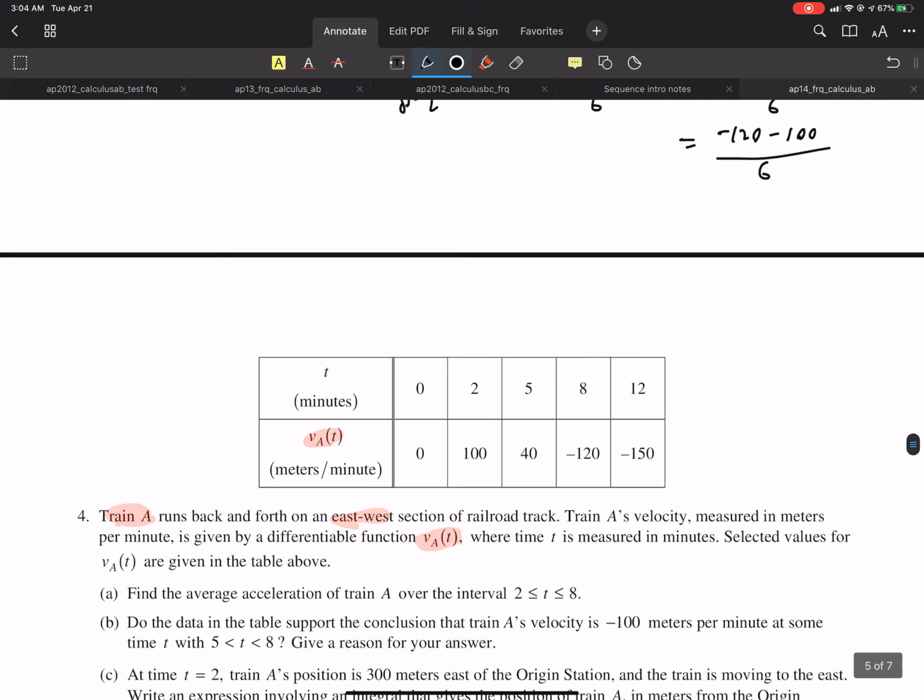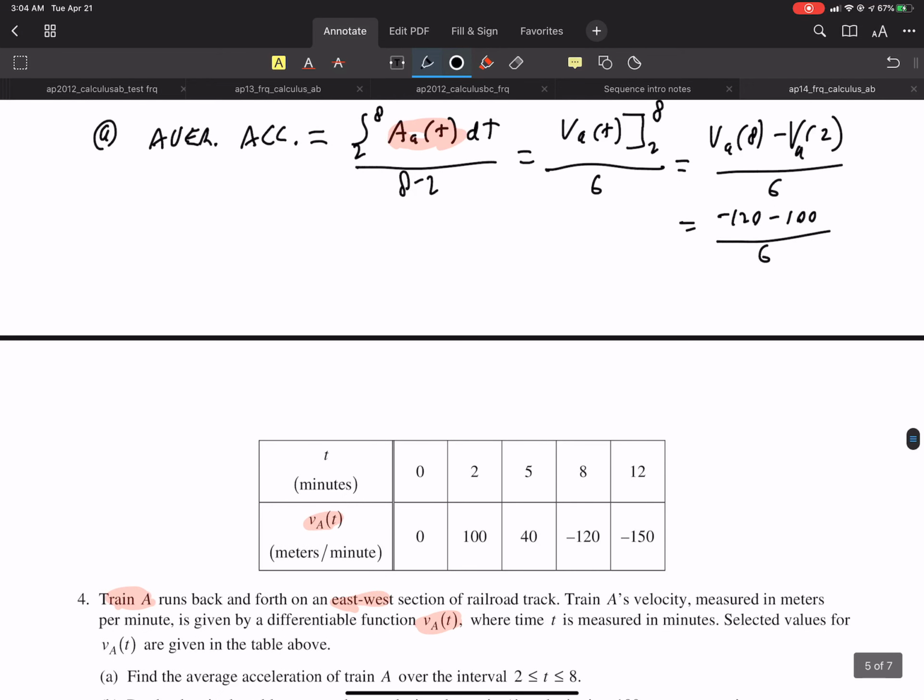Let me read the question. I am done. That's the answer for part A. So again, just recognizing key words, average, not average rate of change, average function you have to know. And there it is. I know you physics people like using formulas, but I'd rather you use your concepts from calculus instead of memorizing physics formulas.